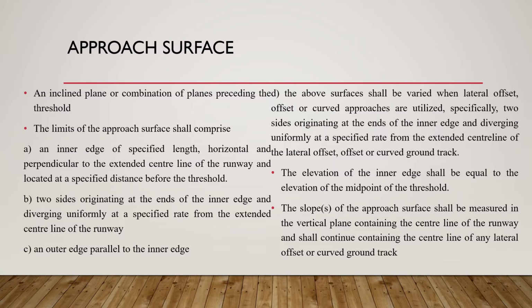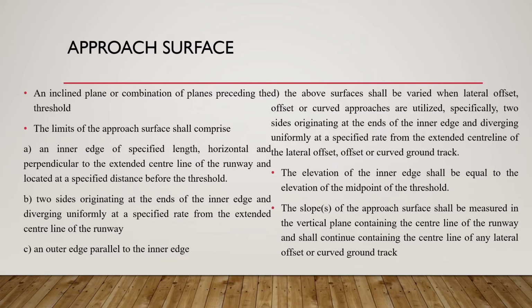The inner edge would be of a specified length which is horizontal and perpendicular to the runway center line and diverges uniformly on both ends of the inner edge, and the outer edge being parallel to the inner edge, which is horizontal and perpendicular to the extended runway center line.